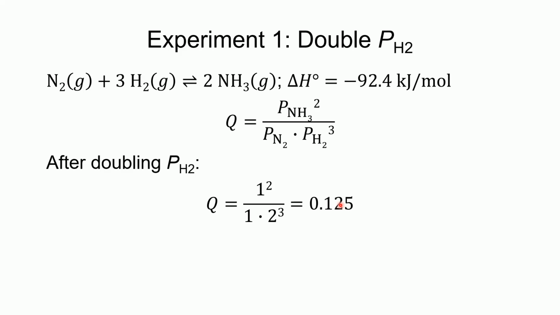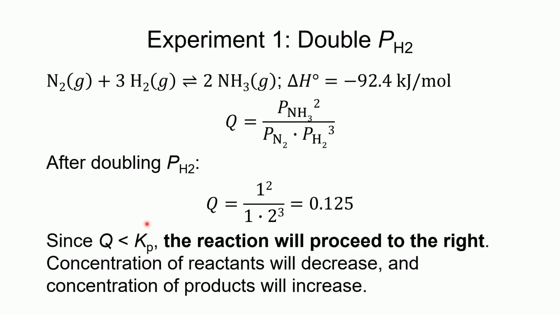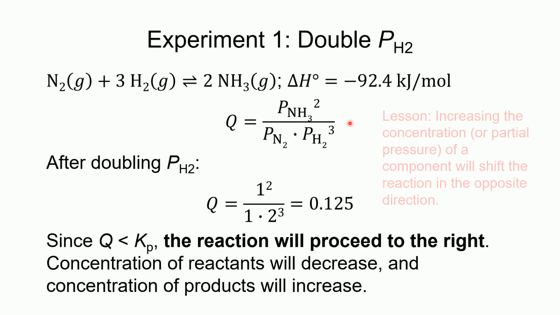Well, in this case, Q is less than K. Since Q is less than K, the reaction will proceed to the right. The concentration of our reactants will decrease and the concentration of our products will increase. So by adding a product, it shifted the reaction to the right. Or I'm sorry, by adding a reactant, it shifted the reaction to the right.